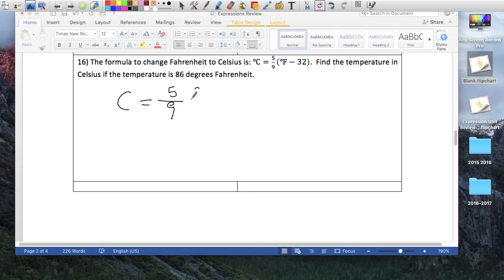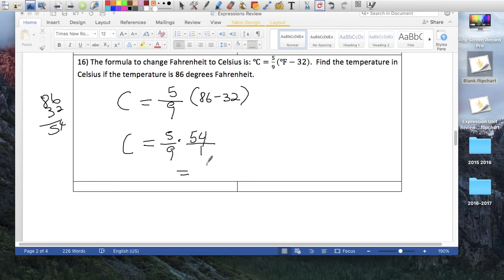5 over 9, and instead of the F, we're going to replace it with the 86 minus 32. Okay, so the temperature in Celsius is, let's see, I can subtract 86 and 32, which is going to give me 54. So it's 5 over 9 times 54. To continue this, I have a fraction and a whole number. You can put this as a fraction over 1.